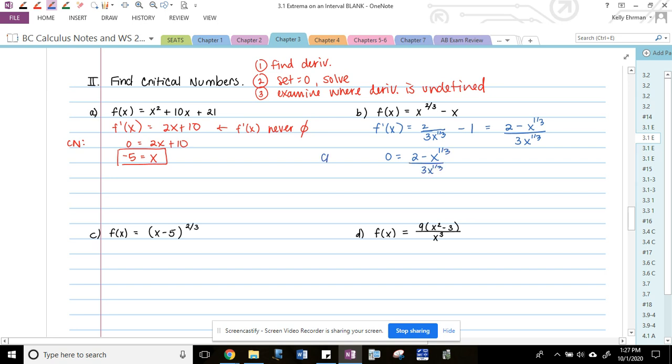I am now finding critical numbers. If that's true, I really only care about the numerator. What makes 2 minus x to the 1/3 equal to 0? Well, that would be if x to the 1/3 equals 2. And if I cube both sides, raise them both to the third power, I get x equals 8.